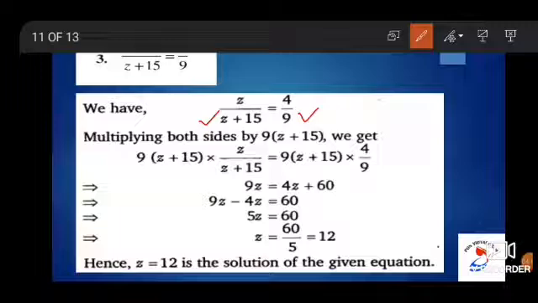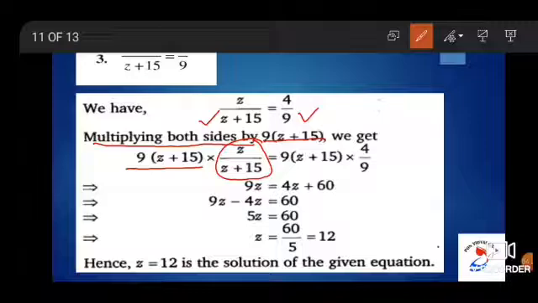So to eliminate this, we are going to multiply both the sides by 9 into (z plus 15), which will give you the result as 9 into (z plus 15) into z by (z plus 15) is equal to 9 into (z plus 15) into 4 by 9.